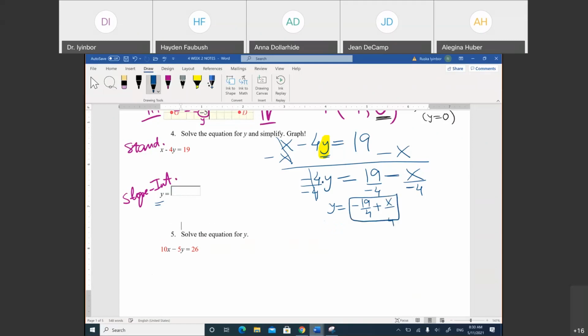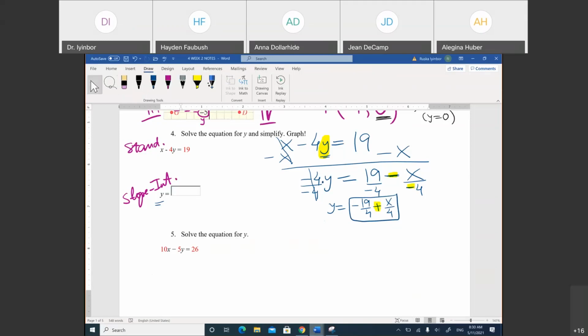Everybody understand that? Yes? Why is it like that? Because negative 19 over 4, and then negative and negative. When you have two negatives, they become positive. Okay?